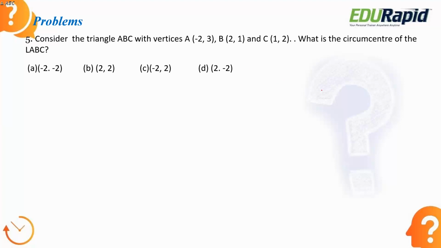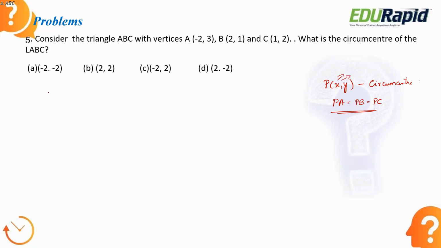In order to find the circumcenter, let us consider P of x comma y to be the circumcenter. And what's the condition for this? The condition for circumcenter is PA is equal to PB is equal to PC. You have to remember this. So using this, you have to find the coordinates x comma y.